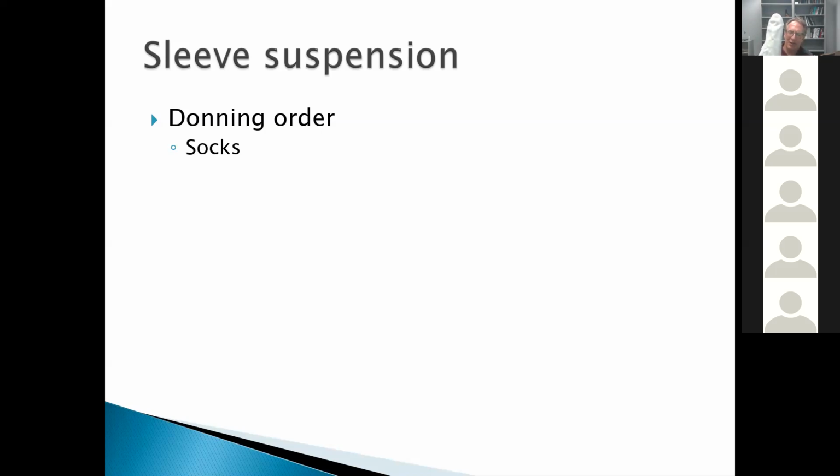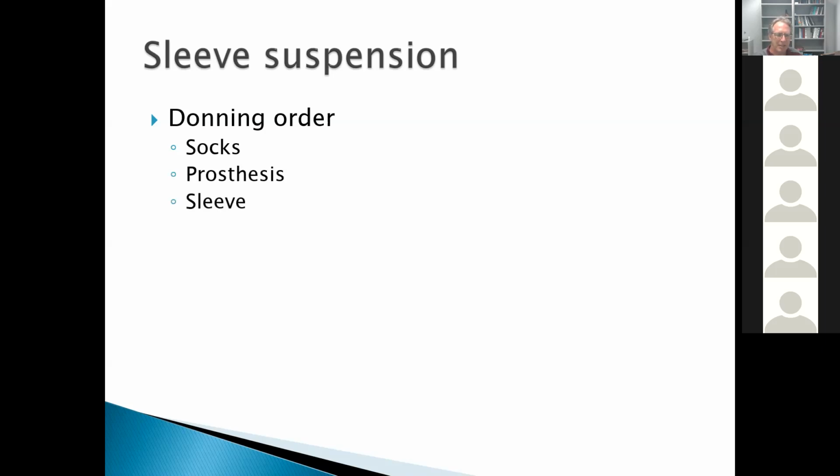And if you're a fairly new person with amputation, then the residual limb is going to shrink, and you're going to need more and more socks in order to maintain a snug fit. So the socks would be the first thing that the person would put on the residual limb.